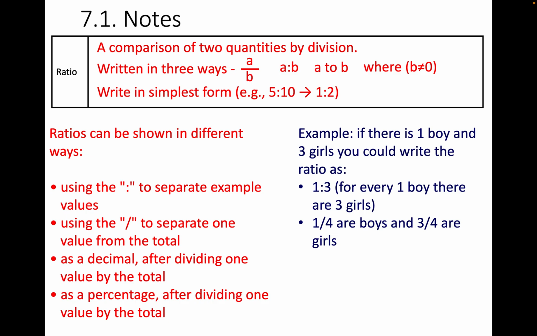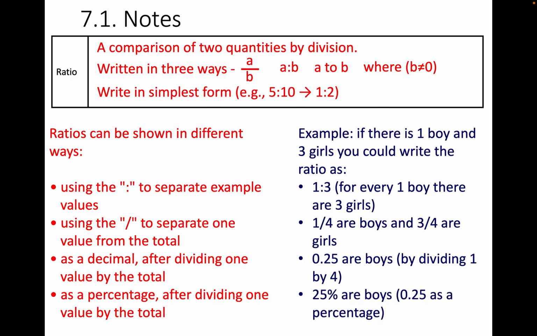The ratio of boys to people in the class would be 1 to 4. So you'd call it 1/4. You could take that 1/4 and make it a decimal, call it 0.25. So 0.25 of the class is boys. Or you could make that a percentage and just say 25% of the class are boys. But all of these ratios are saying the same thing. Again, in our class, for every 1 boy, we have 3 girls.